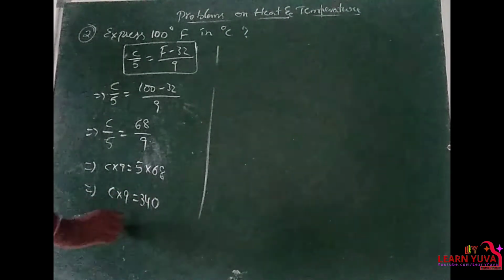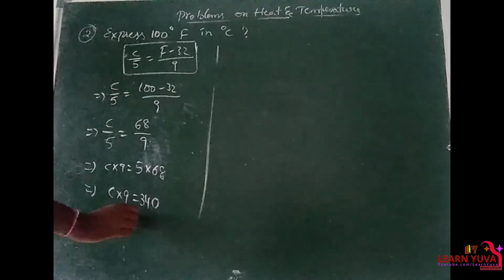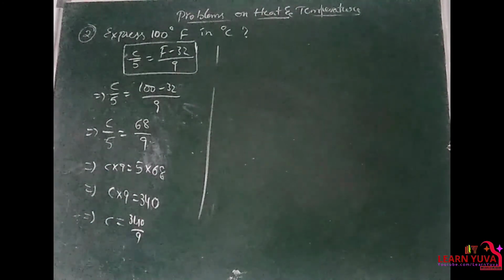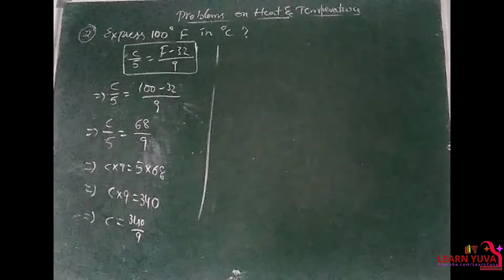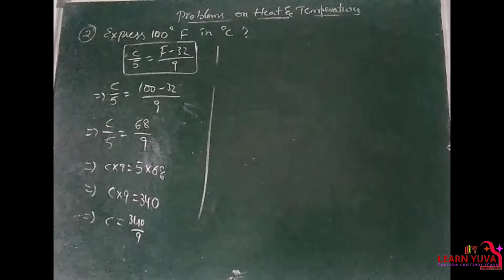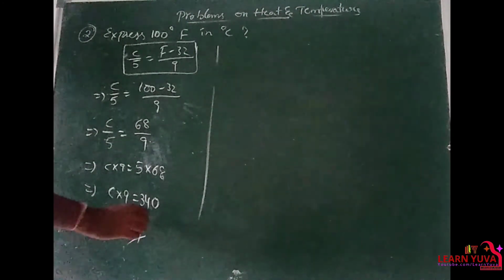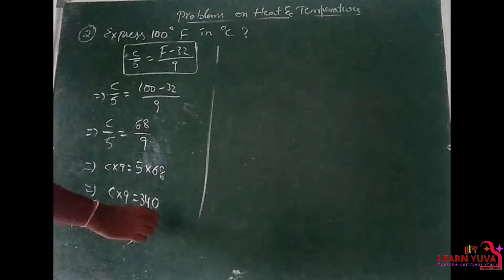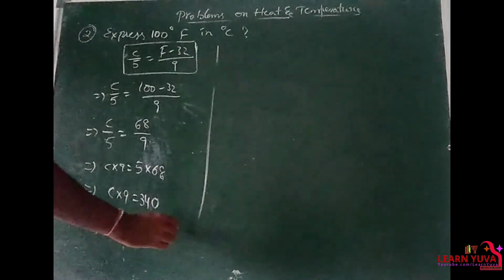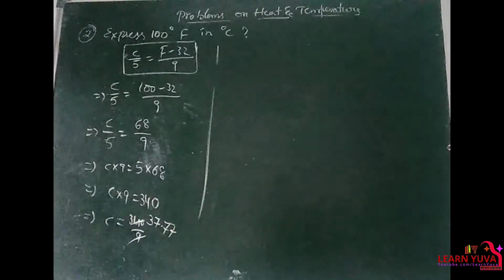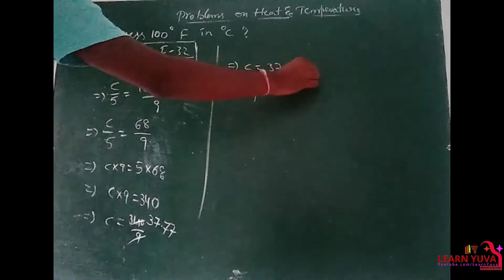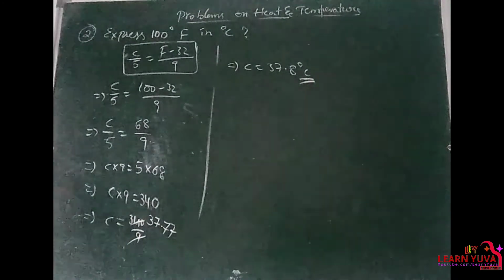So that implies C is equal to 340 by 9. We do the cancellation using the 9 table, which gives 37.77. So C is equal to 37.8 degrees Celsius.